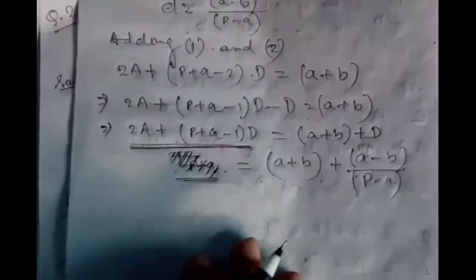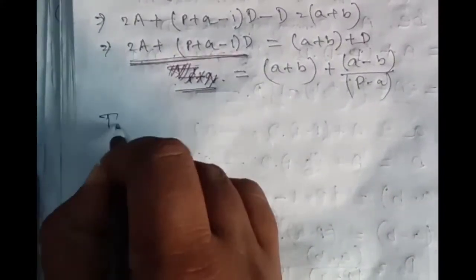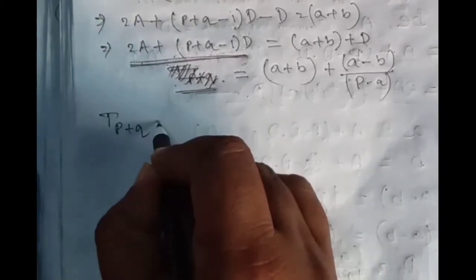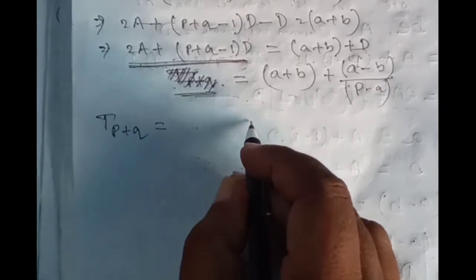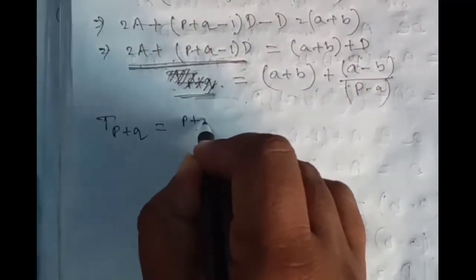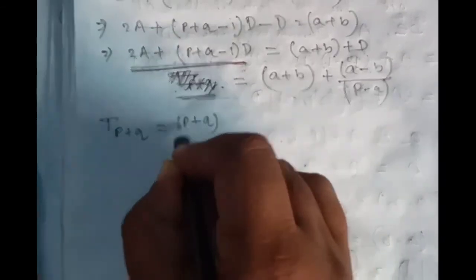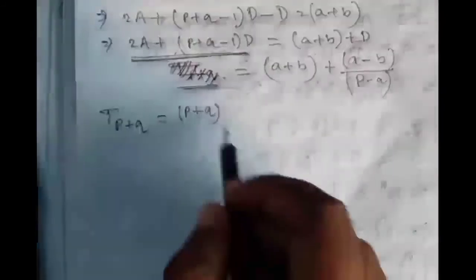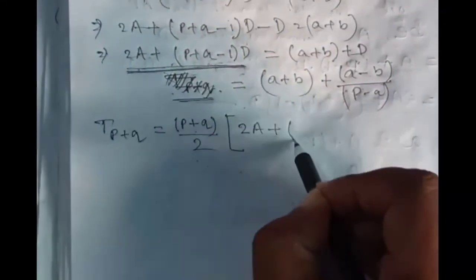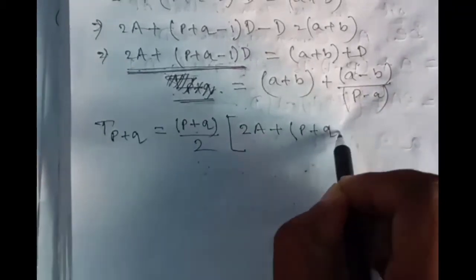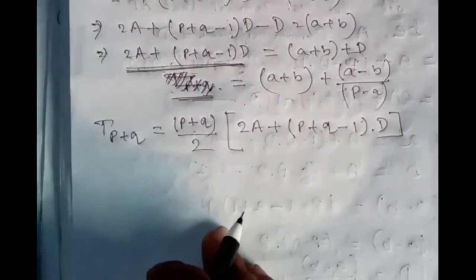Now T(p plus q), the (p plus q)th term, that equals, T(p plus q), that means (p plus q) by 2 into (2A plus (p plus q minus 1) into D), okay.